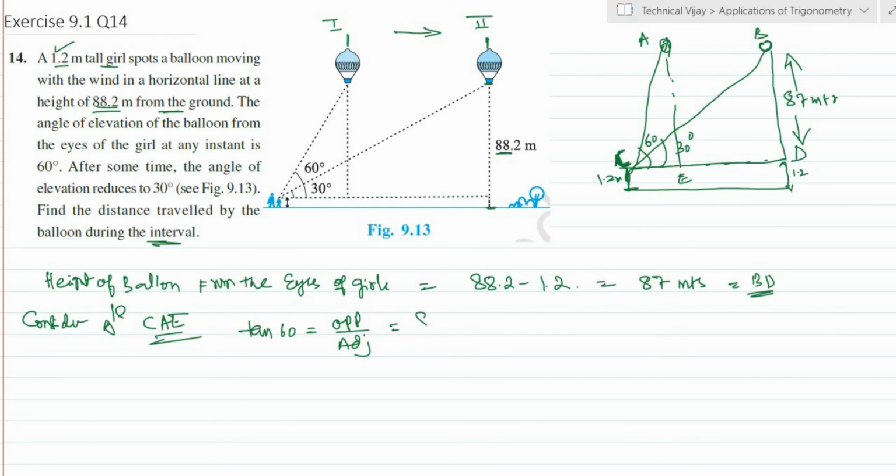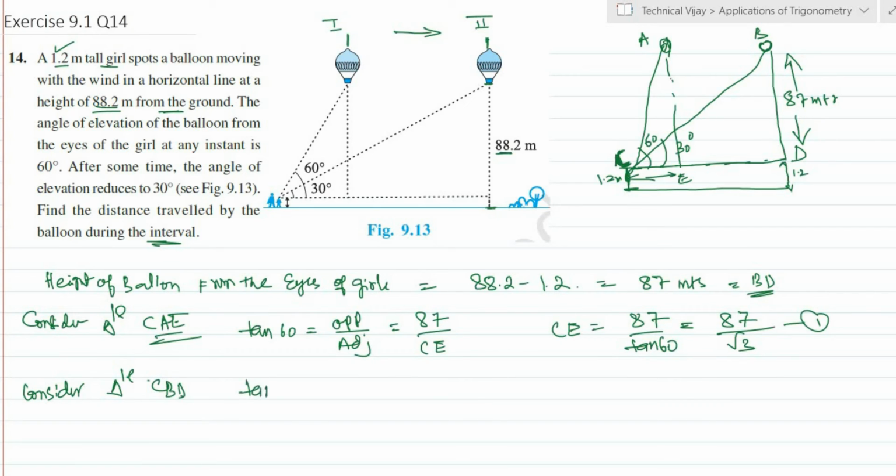So CE is equal to 87 divided by tan 60, which is 87 divided by root 3. So we got this distance CE. Now consider triangle CBD.